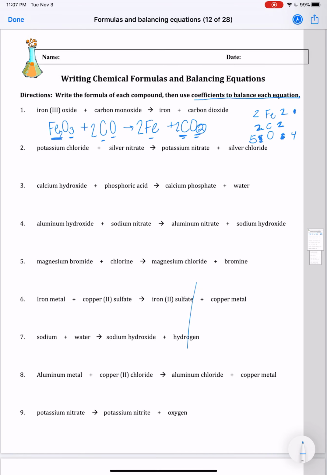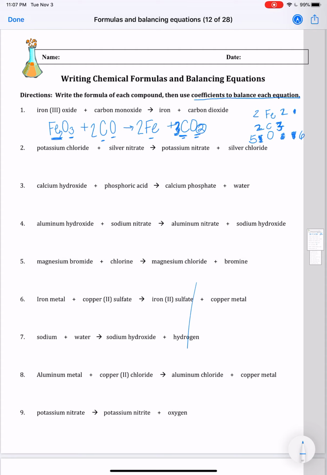So let's up this 2 here to a 3. This can get a little messy, okay? So now I'm going to have 3 carbon and 6 oxygen, okay? So my iron's good, but my carbon and my oxygen are both still off.